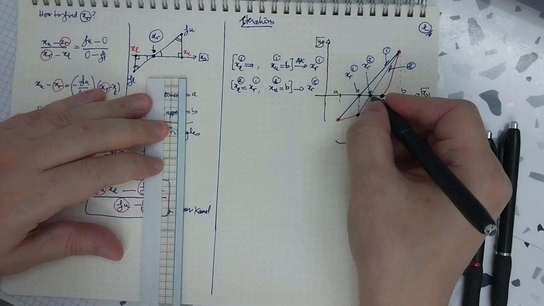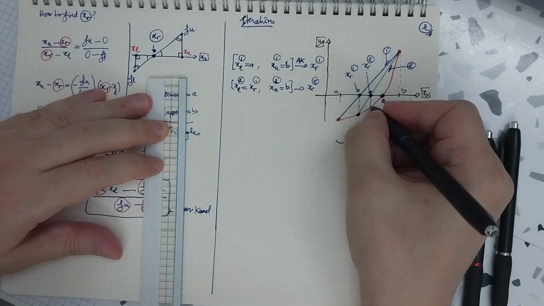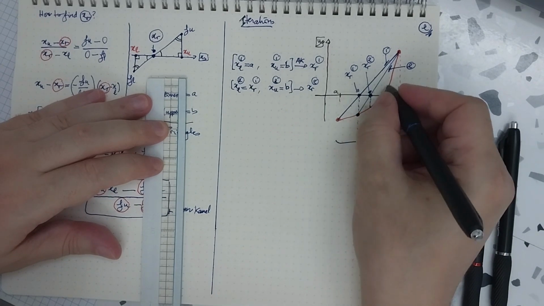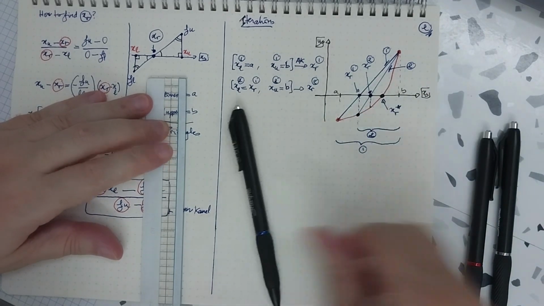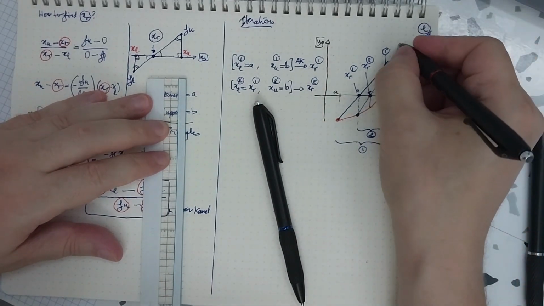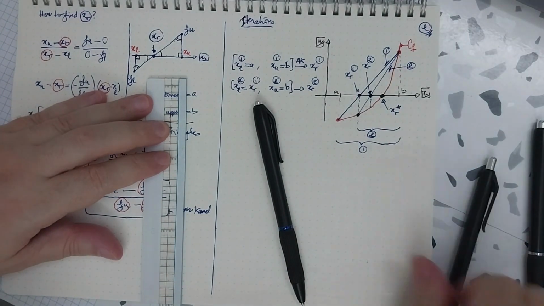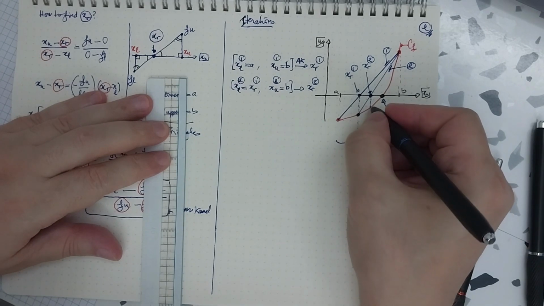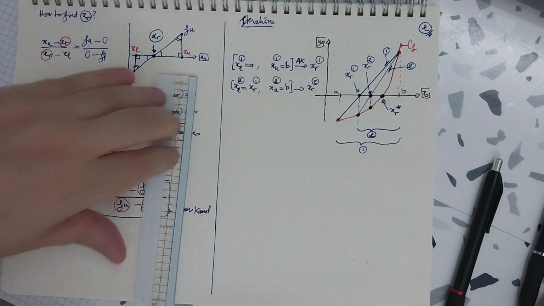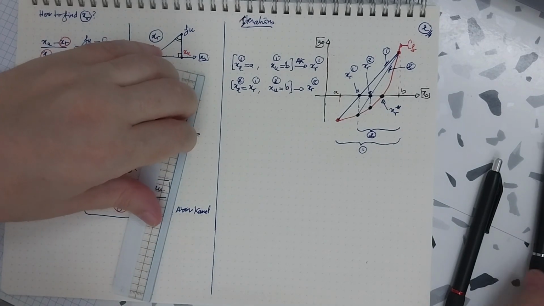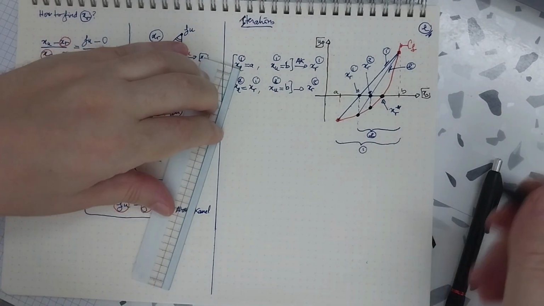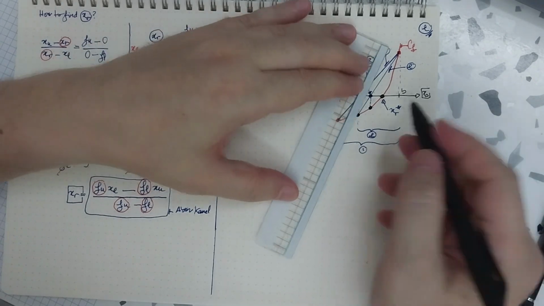And the same, the images are always carried by the curve of F. This is the curve of F. So we get the image, and we repeat the same process.